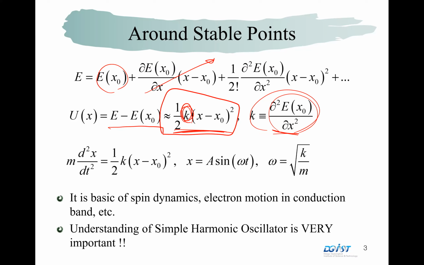So what's the physical meaning of the spring constant? If you have a spring and you apply a given force f, the elongation of the distance is, let's say, L. This is the definition of the spring constant.